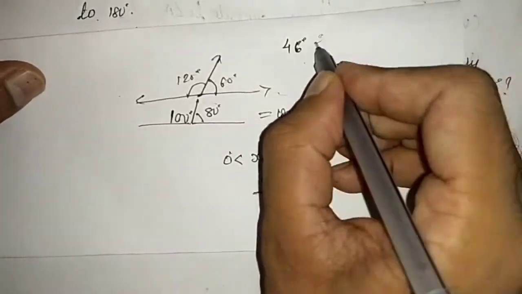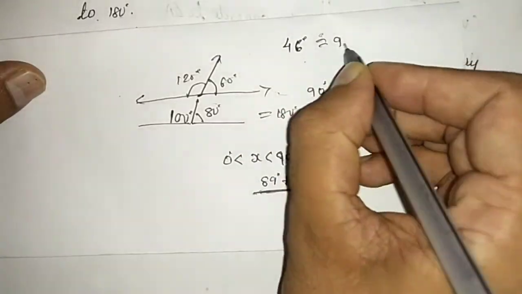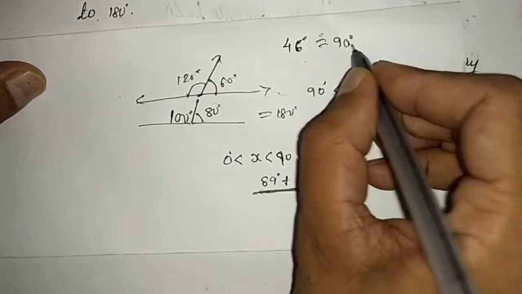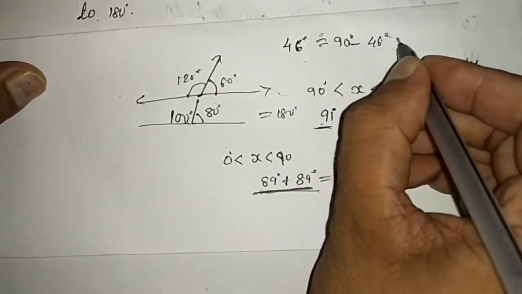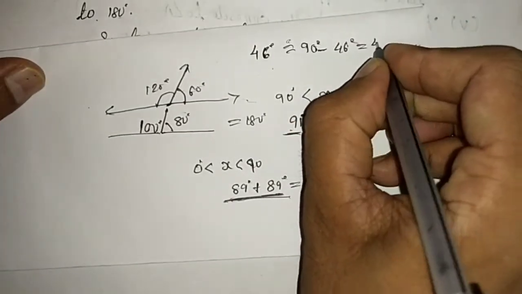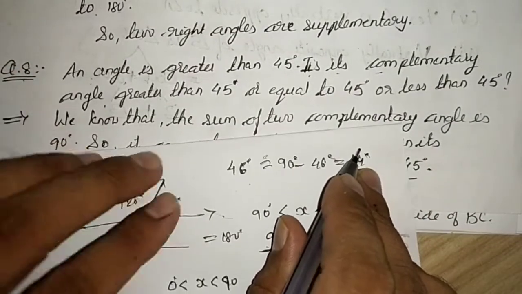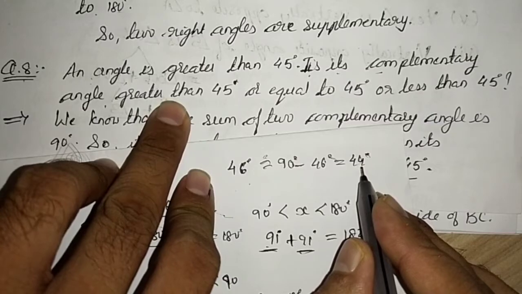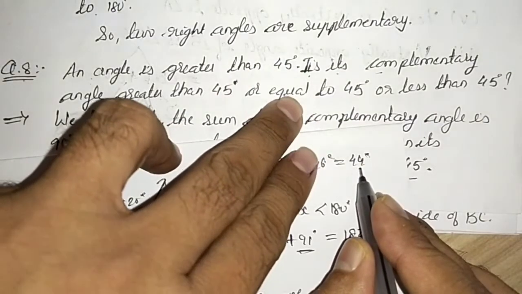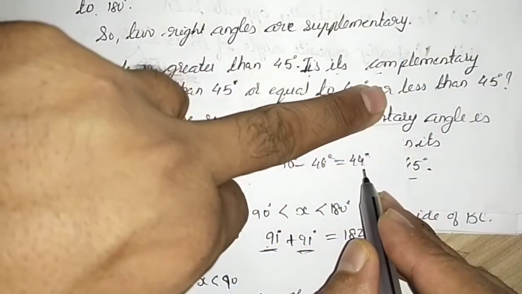So let us see. Now the complement of 46, as we solved in the first question, is 90 minus 46, which is equal to 44. So 44, tell me, is it greater than 45? No. Equal to 45? No. Is it less than 45? Yes.